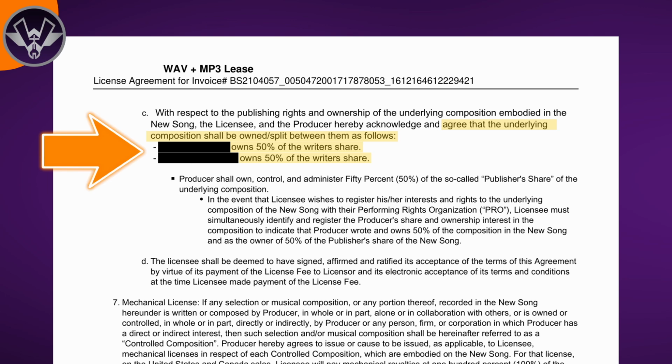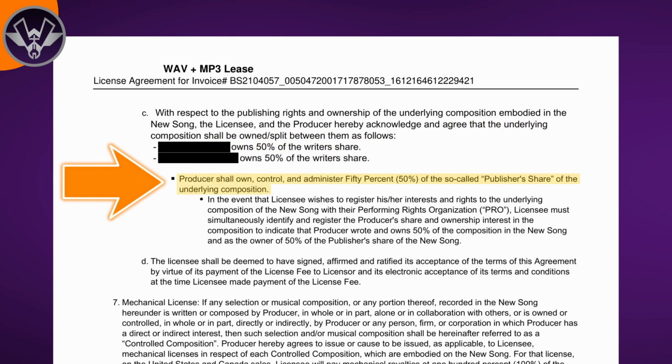Now, not only do they get 50% of the writing share, but in this part right here, I'm going to read it. It says that the producer shall own, control, and administer 50% of the so-called publishing share of the underlying composition. Here's where they're letting you know that they will also own 50% of the publishing, right?